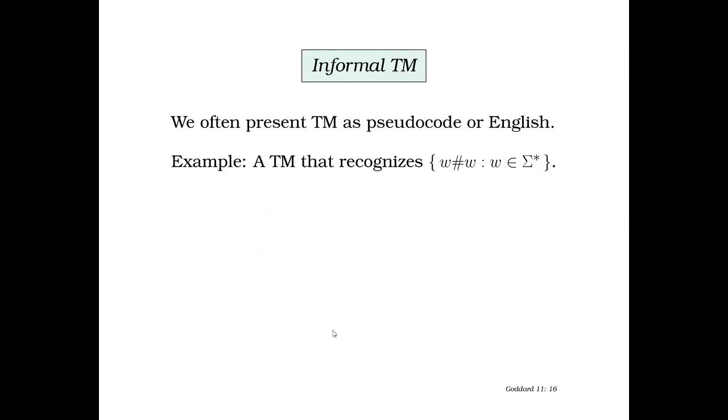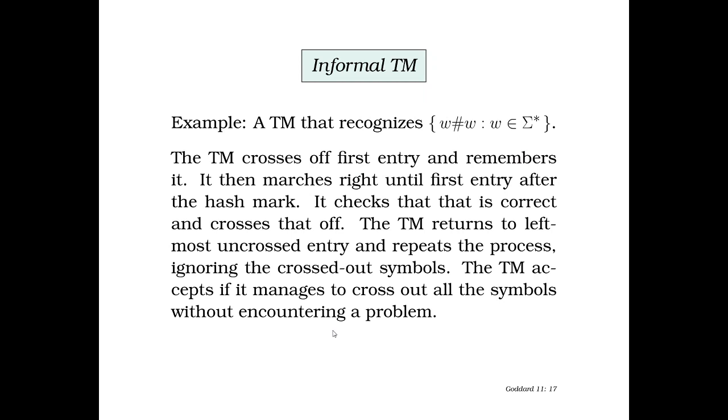Now, we do not always represent a Turing machine using diagrams. An easy way to represent a Turing machine is to write down its pseudocode, which is plain English. So let's look at an example Turing machine, a machine that recognizes a common language, W hash W. There are two words and they are the same, and they are separated by a hash symbol.